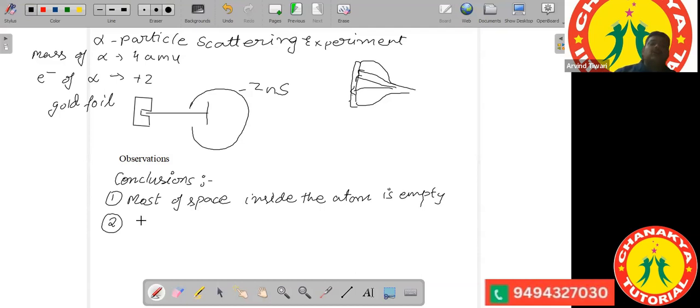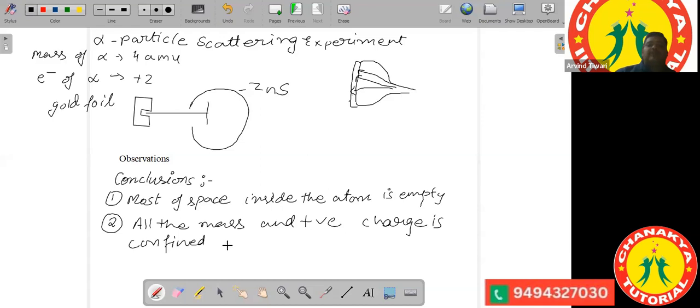So almost all the mass and positive charge is confined to a small volume.